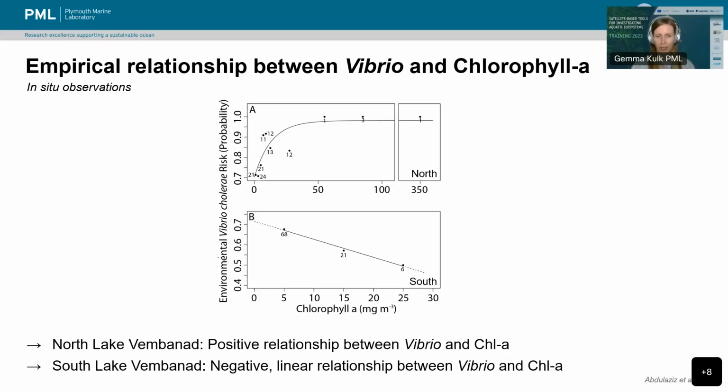I would also like to point out in this figure that the risk of Vibrio bacteria in the environment is actually always high, with probabilities between 50 and 100%.